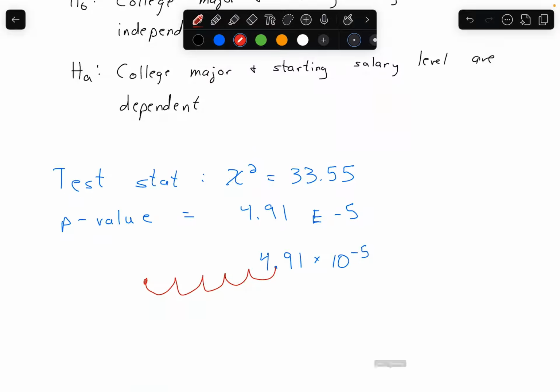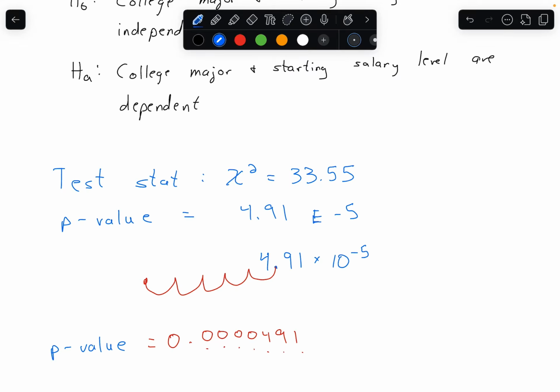So what this actually represents, if I didn't want to write this with scientific notation, would be 0.0, so let's see, 1, 2, 3, 4 zeros, 4, 9, 1. 0.0000491. So an extremely small p-value that we ended up with here.